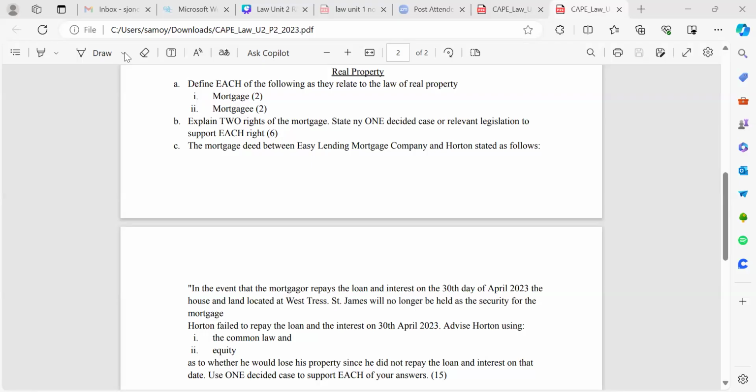So if the agreement is 15 years, and the mortgagor discharges the debt in 13 years' time, then the mortgage would be redeemed, if that makes sense.